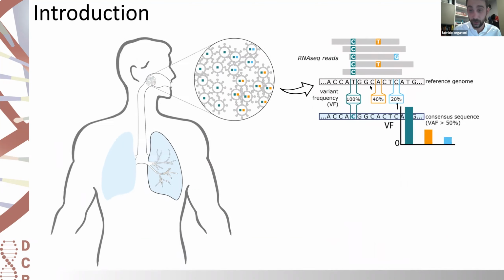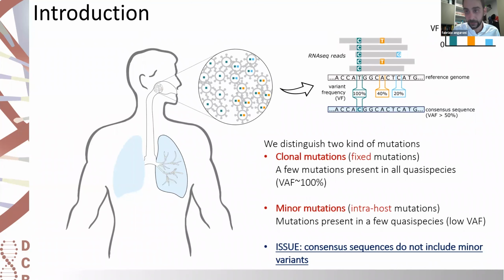So for each mutation, we can define a variant allele frequency: how much the mutation is present in our sample. We can grossly distinguish between two types of mutation. The clonal or fixed mutations, like this C, have a VAF of, for example, one, and are present in all the virions of our sample.